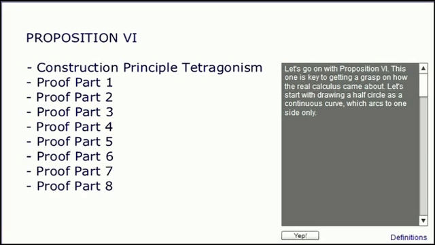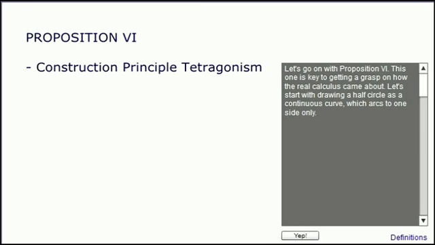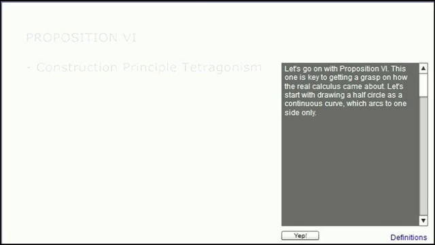In the first video of a series of videos, we're going to deal with the general construction principle first of all, which is later dubbed or named tetragonism. So let's start right away.